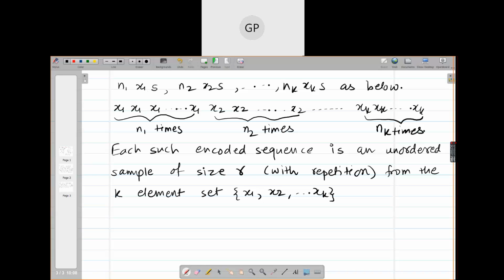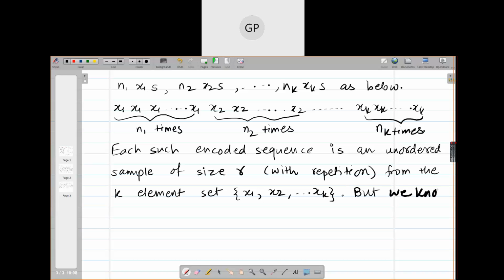Girls, do you remember that proof? Yes, ma'am. So it is the same thing I'm doing here. I have k types of elements and I want to make unordered samples of size r.